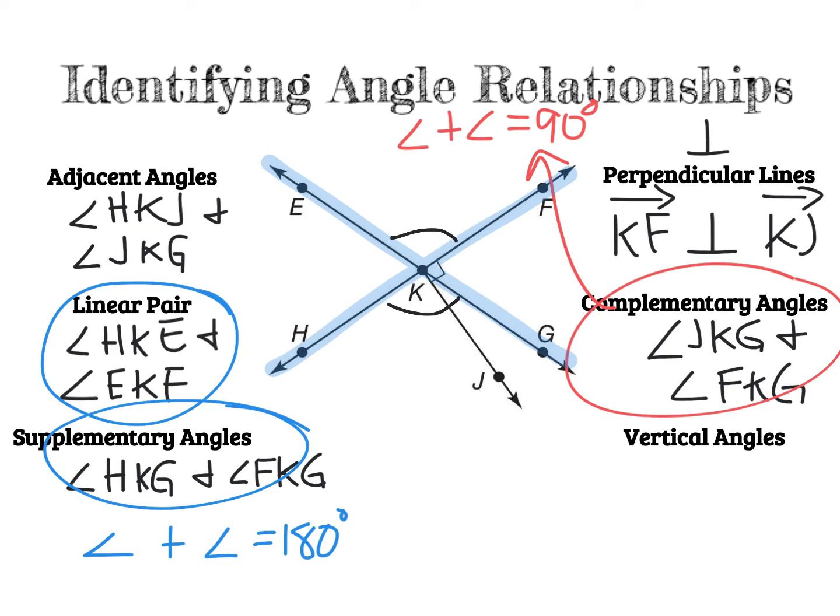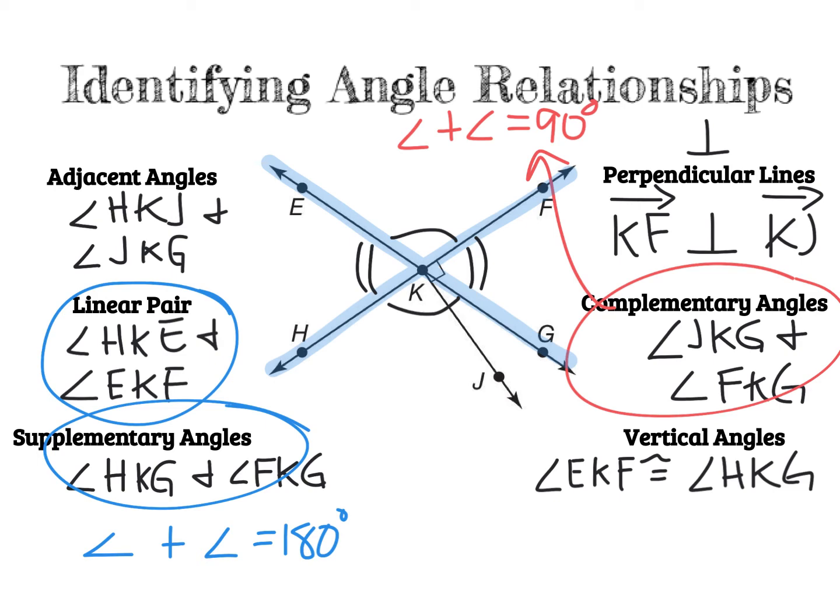So I can say angle EKF is congruent to HKG. Now, another example are the other ones opposite from each other. Over here, we have two acute angles that are opposite as well, and they are congruent. You can write those down as well.